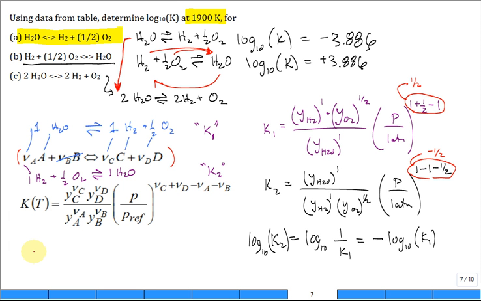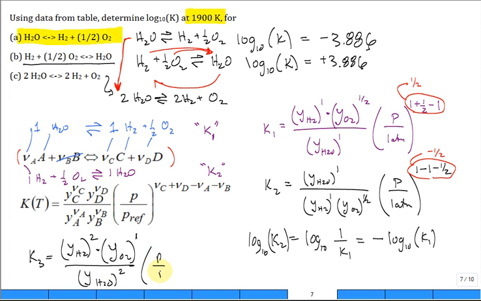So think about this reaction equation as K3. K3 will be equal to y of H2, but now y of H2 is to the exponent power 2 because that's the stoichiometric coefficient for the hydrogen, times y of O2, but not to a half now, it's to 1, divided by y of H2O to the power 2, P over 1 to the power, not a half, but it'll be 2 plus 1 minus 2, it'll be 1.